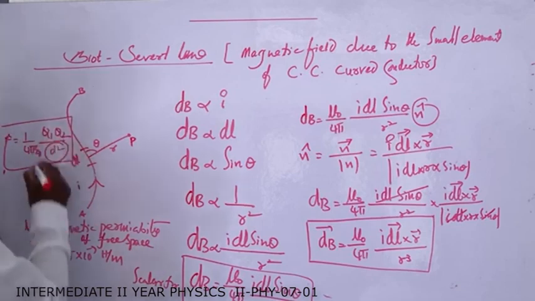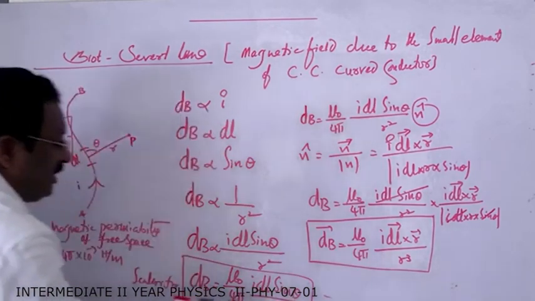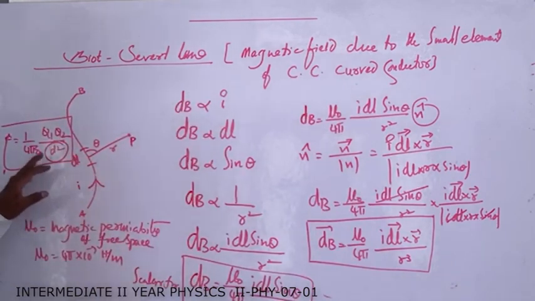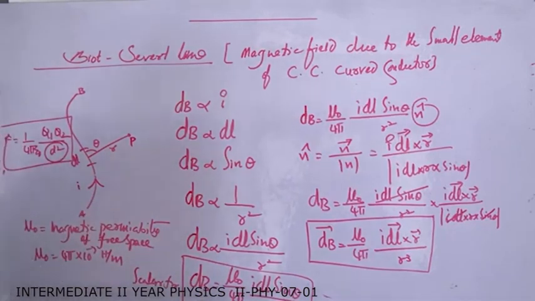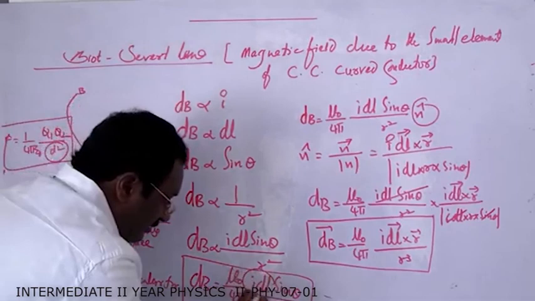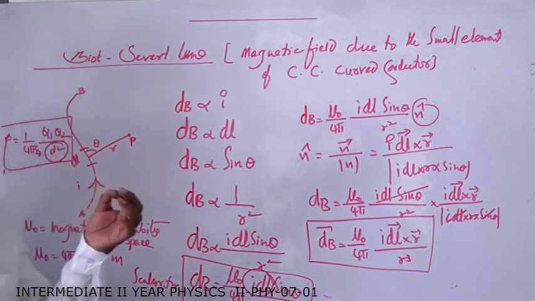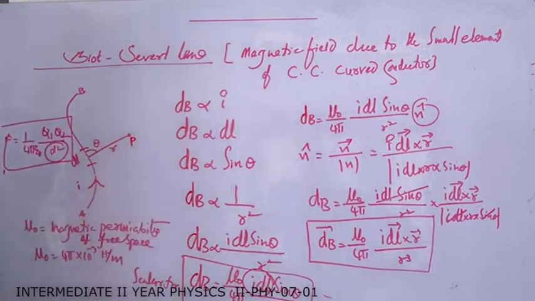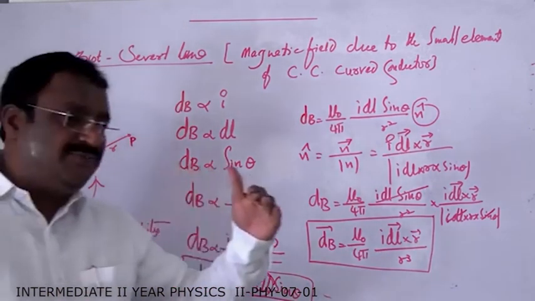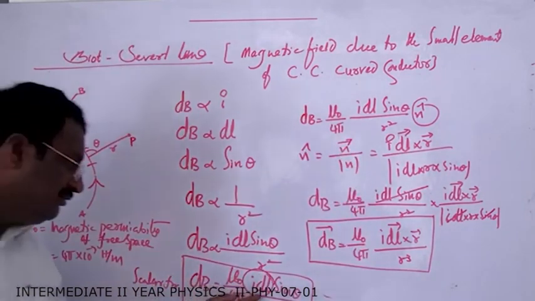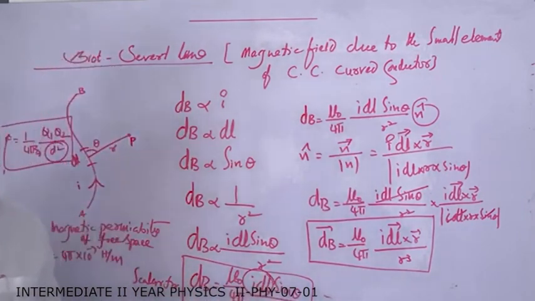Both are inverse square laws: the Biot-Savart law for the magnetic field and Coulomb's law for the electrostatic force. Whereas the magnetic field depends upon a current element, the electric field depends upon the scalar quantity, electric charge. So the source of the electric field is a scalar quantity, while the source of the magnetic field is a vector quantity, the current element.